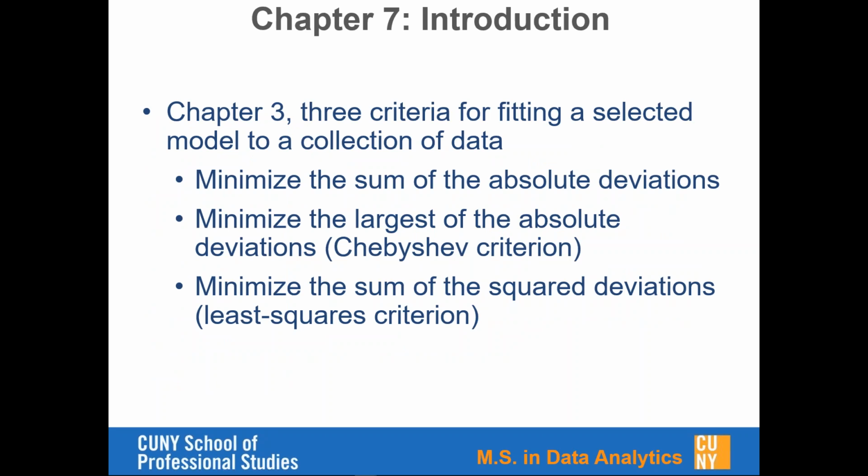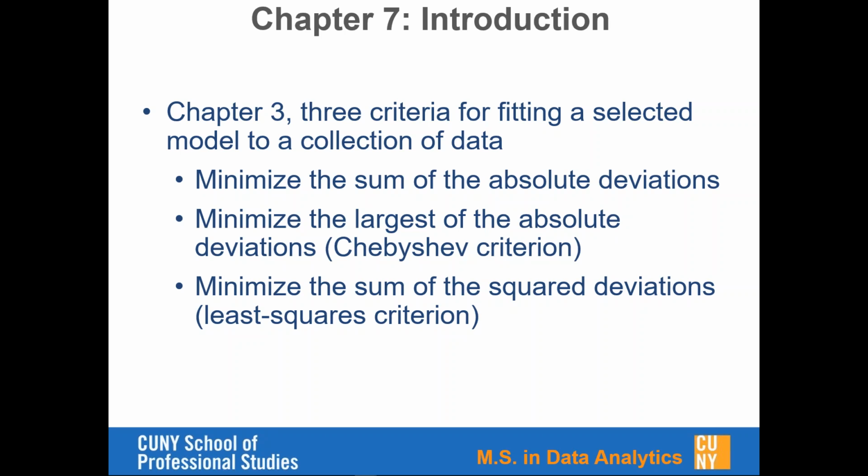Earlier in the chapter we talked about different methods to find the best model. It could be to minimize the sum of the absolute deviations, or to minimize the largest of the absolute deviations, which is the Chebyshev criterion. That particular method is somewhat interesting.